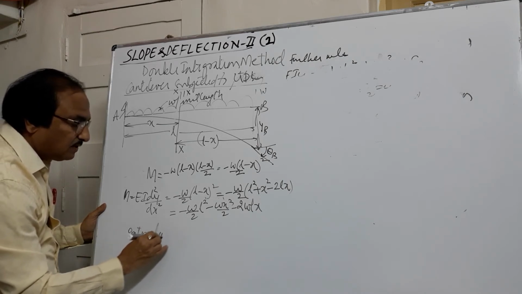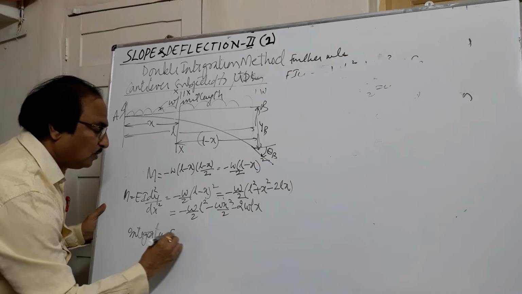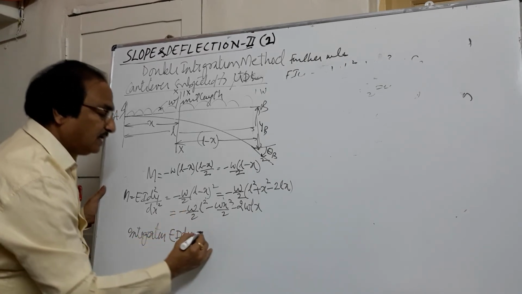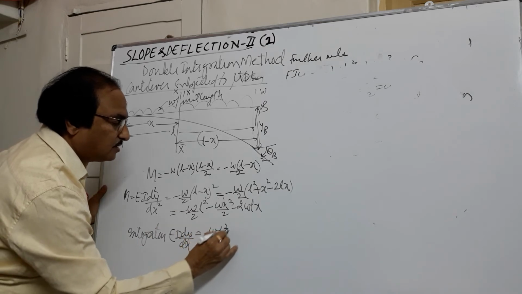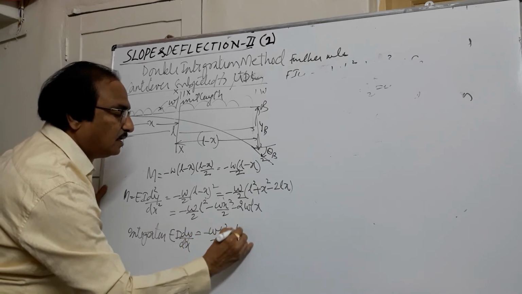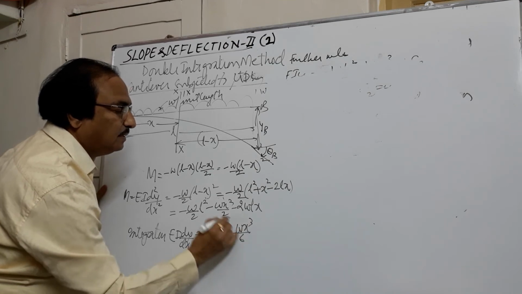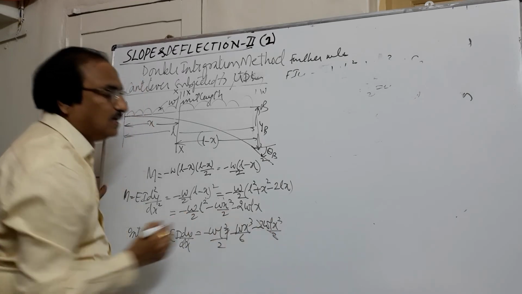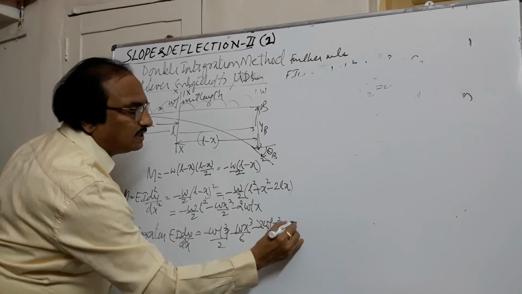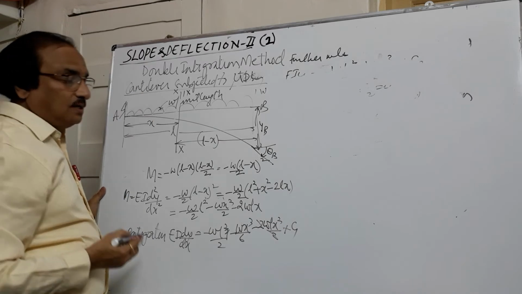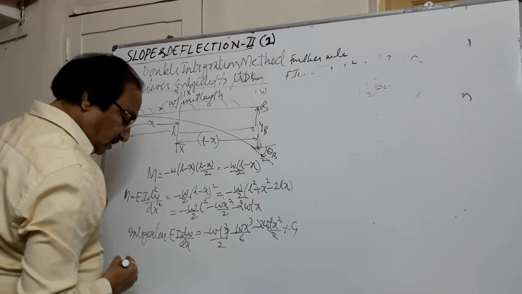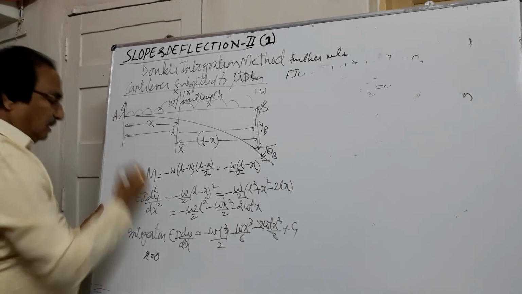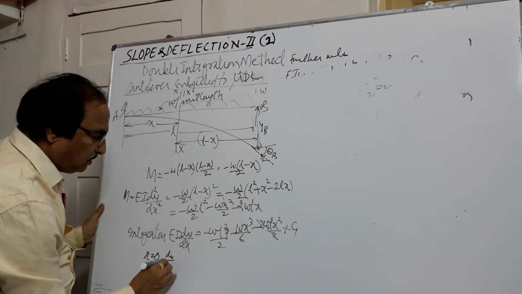First integration will give us the slope. If I integrate this, you get EI dy by dx is equal to minus WL squared x by 2 minus Wx cube by 6 minus 2WLx square by 2. So this 2 gets cancelled, plus C1 is the constant of integration. At x is equal to 0, slope dy by dx is equal to 0.